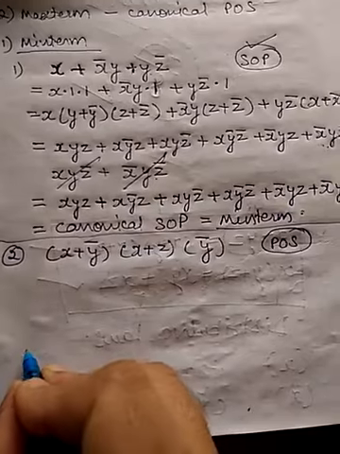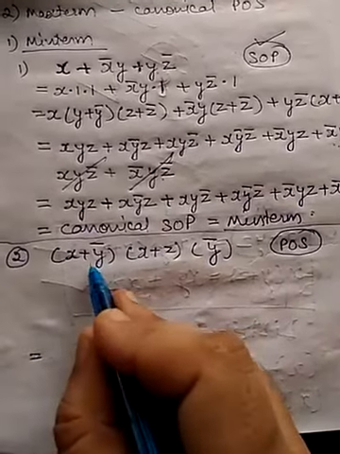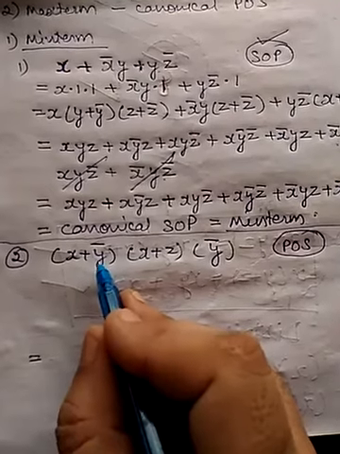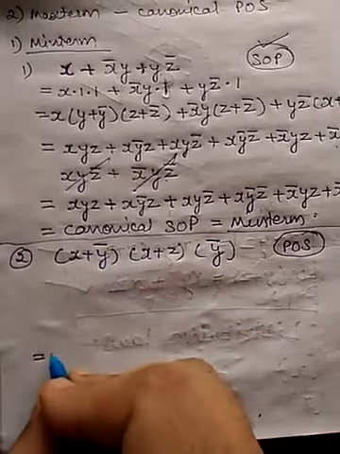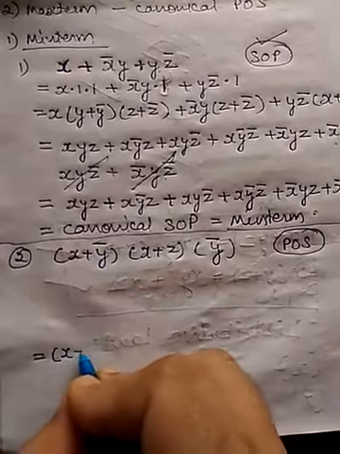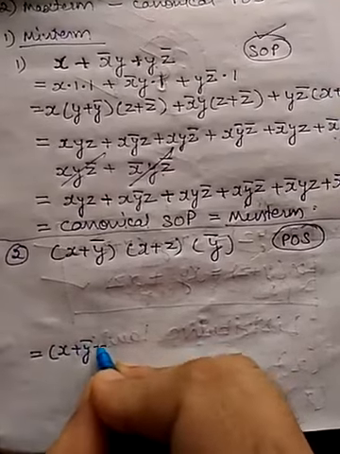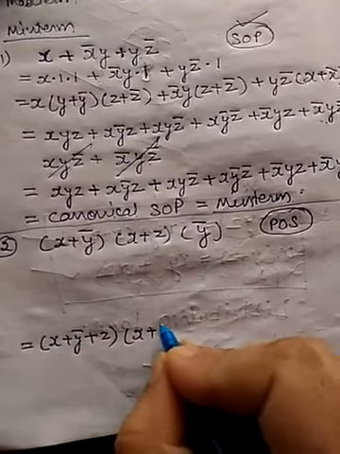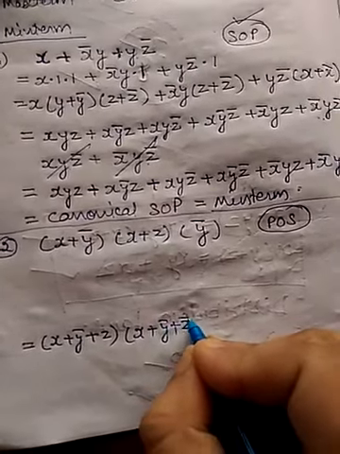Let's see how. Which variable is missing over here? The z. So it could be z or it could be z naught. Just write both combinations: x plus y naught plus z could be one term, and x plus y naught plus z naught could be the second term.